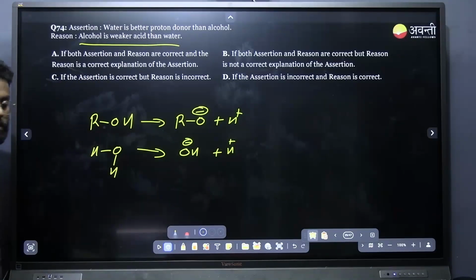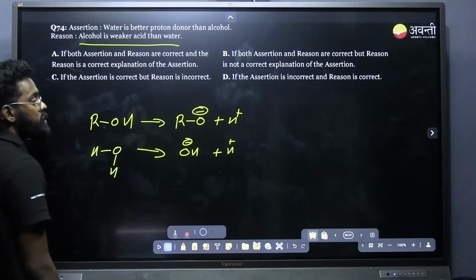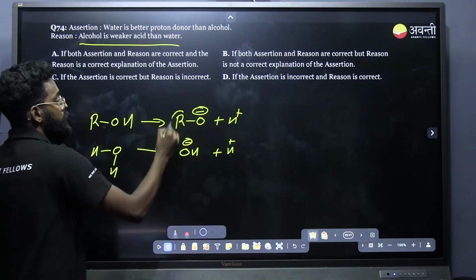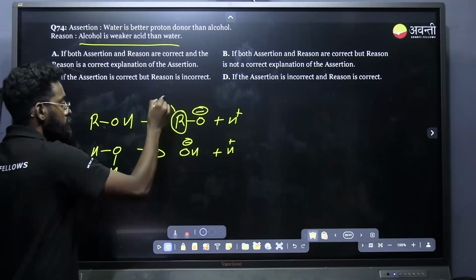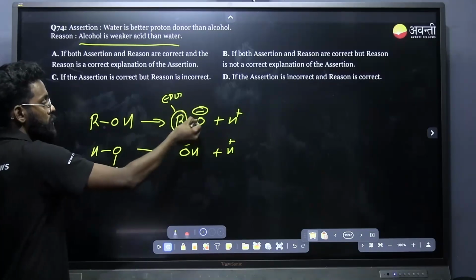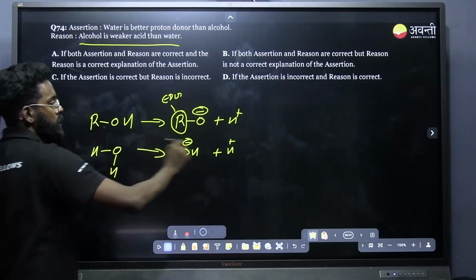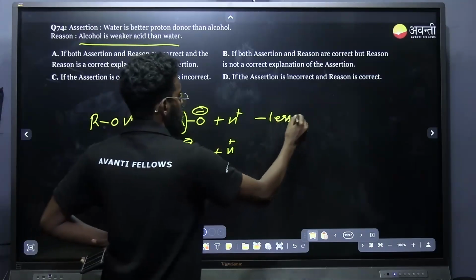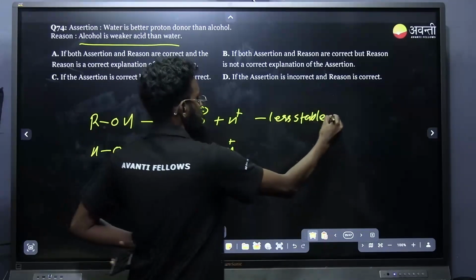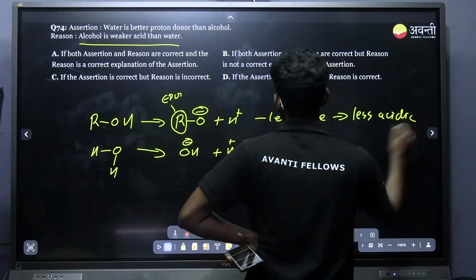Now among these, which conjugate base is more stable? Due to the presence of an electron donating group, the magnitude of negative charge on this oxygen increases, which means this conjugate base is less stable. As it is less stable, it is less acidic.